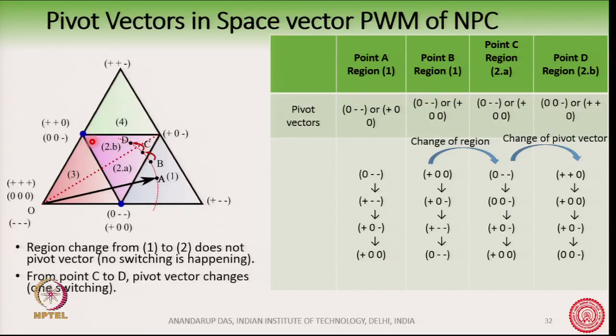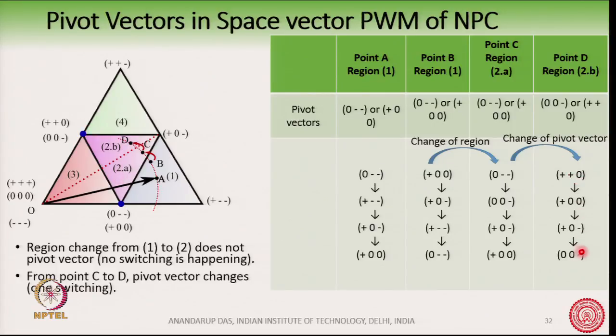So, when it moves to D, from this plus 0 0 where we ended, we will jump to here, plus plus 0, and then from here we will do the switching. From plus plus 0 we go to plus 0 0, then we go to plus 0 minus and 0 0 minus.